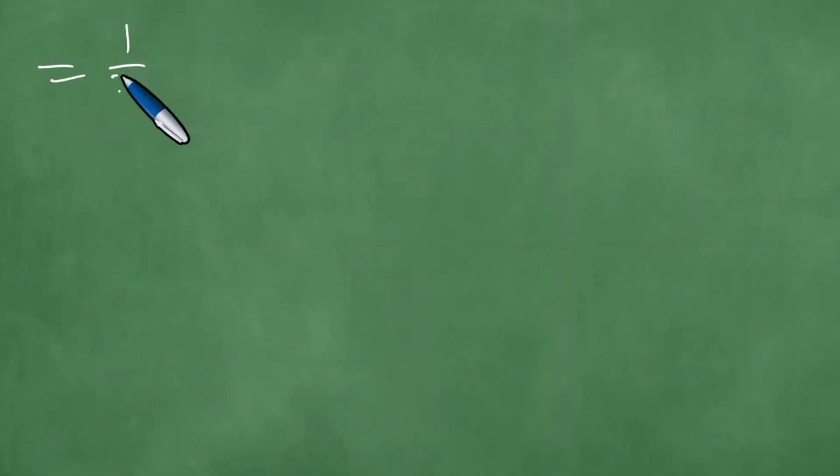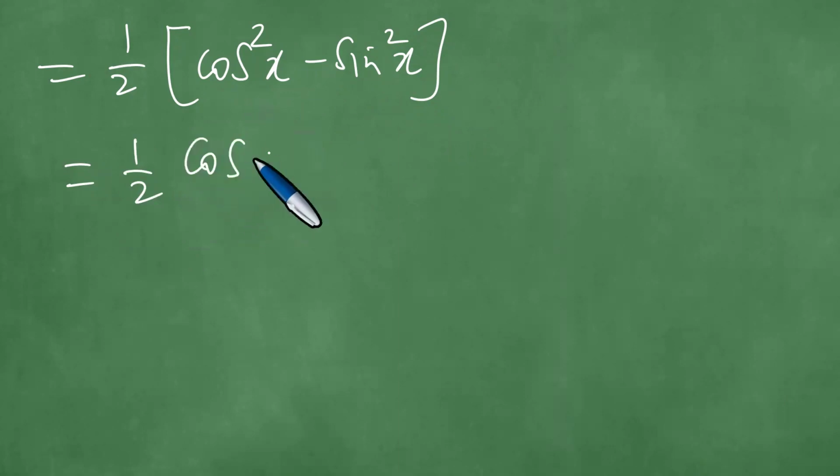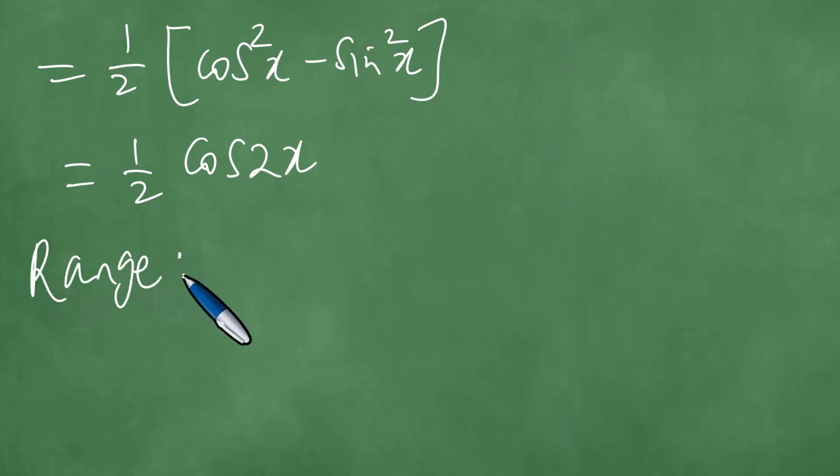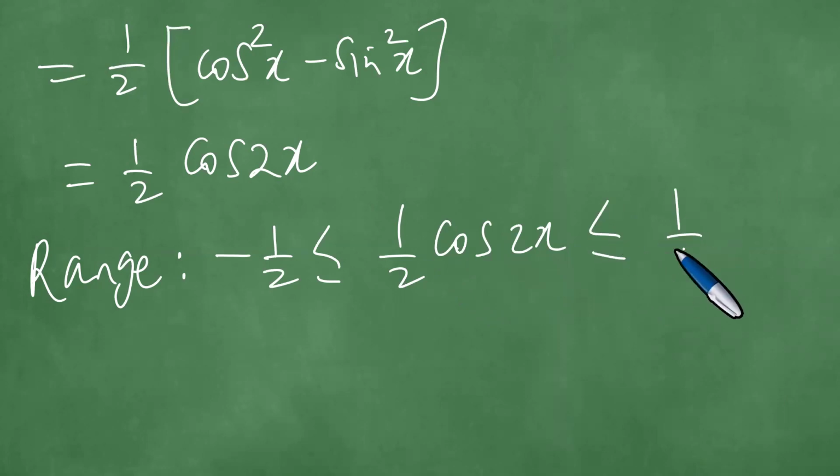So 1/2 of cosine squared x minus sine squared x is the same as 1/2 cosine 2x using trigonometric compound angle formulae, and the range of this expression is minus 1/2 less or equal to 1/2 cosine 2x less or equal to 1/2.